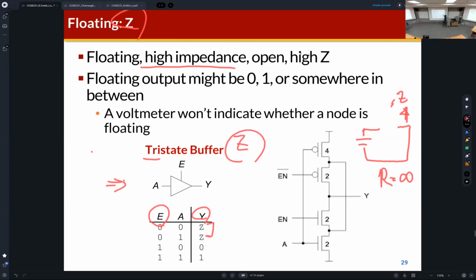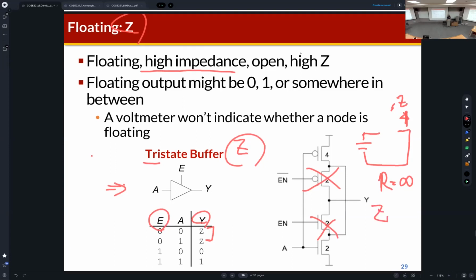Okay. So this is disconnected. What does that mean? Output Y is disconnected from VDD or ground. So in order to represent this output, we need to use high Z.